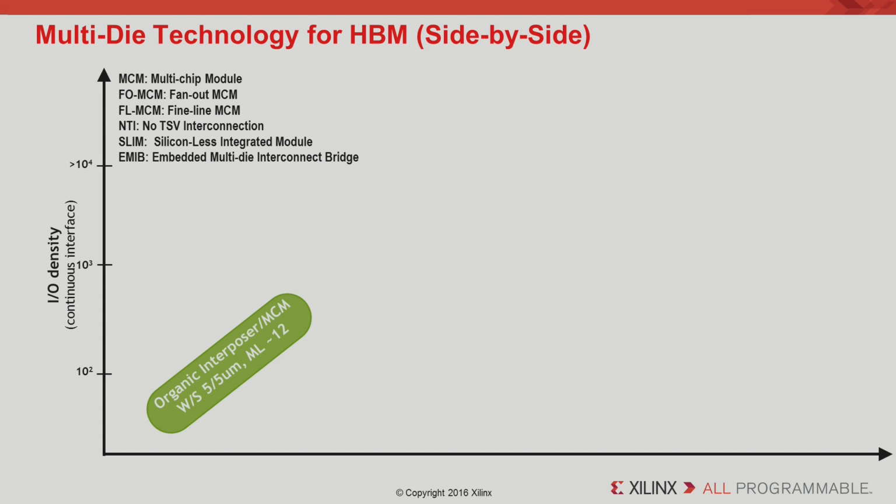For example, if you take a silicon interposer approach with a 20 millimeter wide SoC, the silicon interposer could provide metal pitches that are 1 micron or even finer. So you could have more than 10,000 wires across for the interconnection.